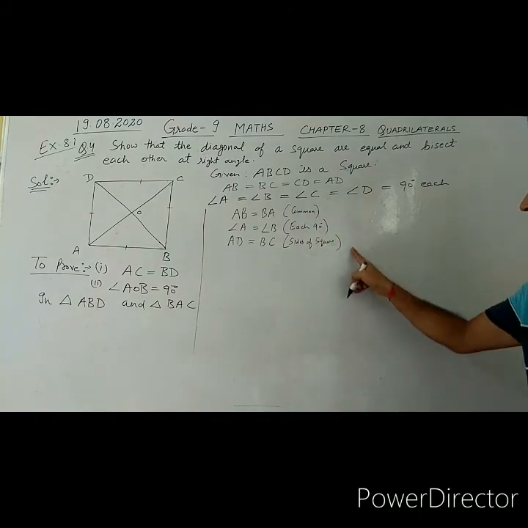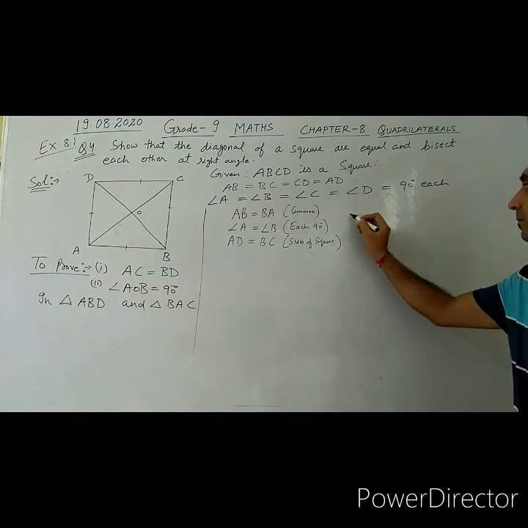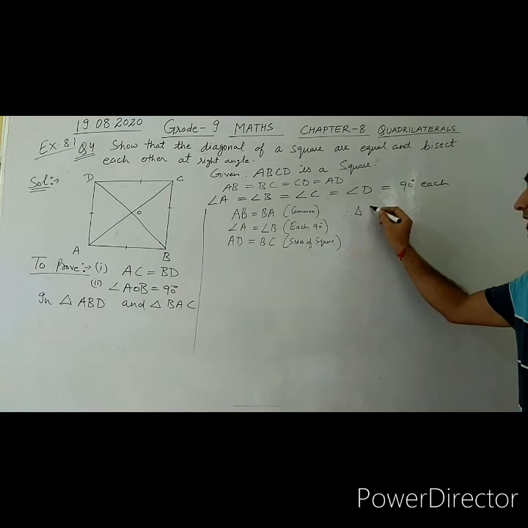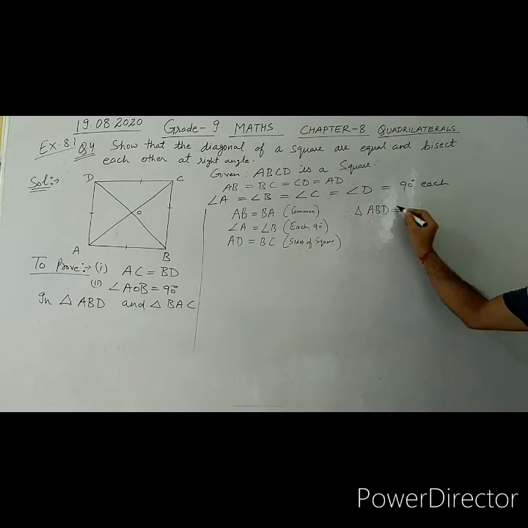Now this is the side angle side rule. Therefore, triangle ABD is congruent to triangle BAC.